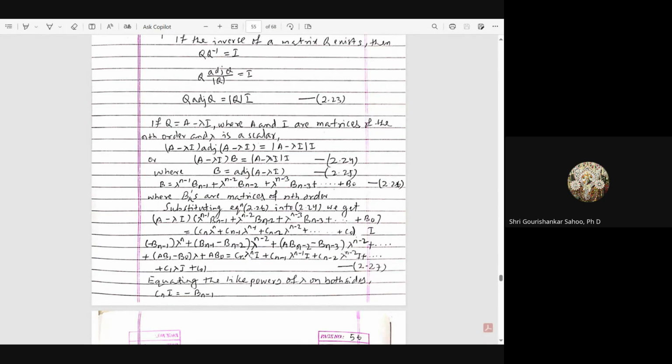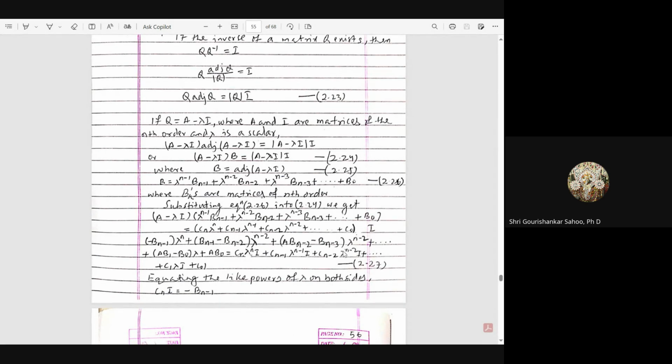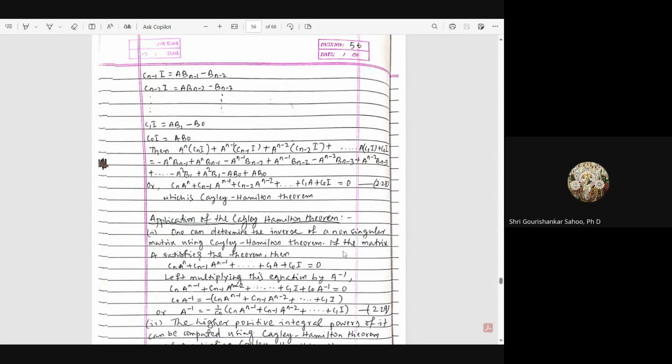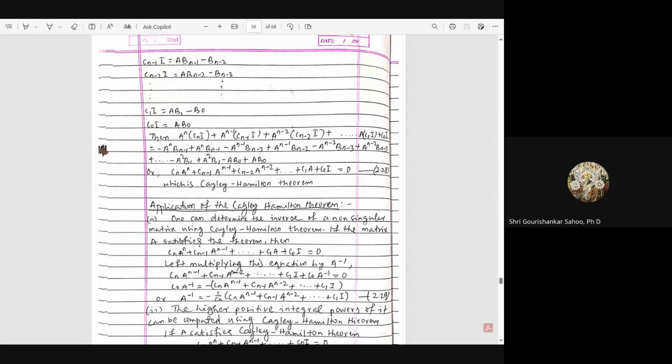So equating the like powers of lambda on both sides, your Cn I is equal to minus Bn minus 1. So you can see Cn minus 1 I is equal to A Bn minus 1 minus Bn minus 2, so on and so forth. And your Cn A to the power n plus Cn minus 1 A to the power n minus 1 plus Cn minus 2 A to the power n minus 2 plus so on and so forth, C1 A plus C0 I is equal to 0, which is nothing but the proof of the Cayley-Hamilton theorem.